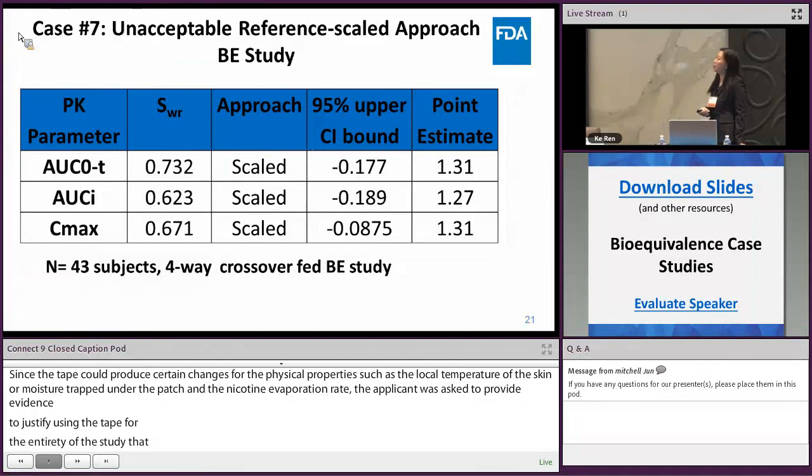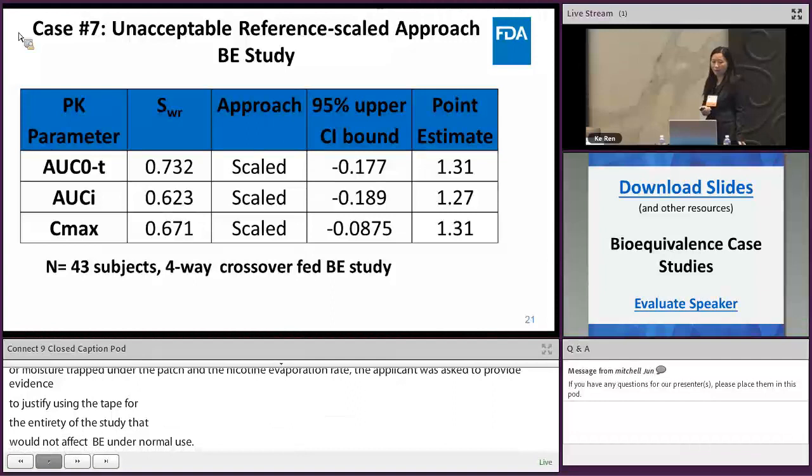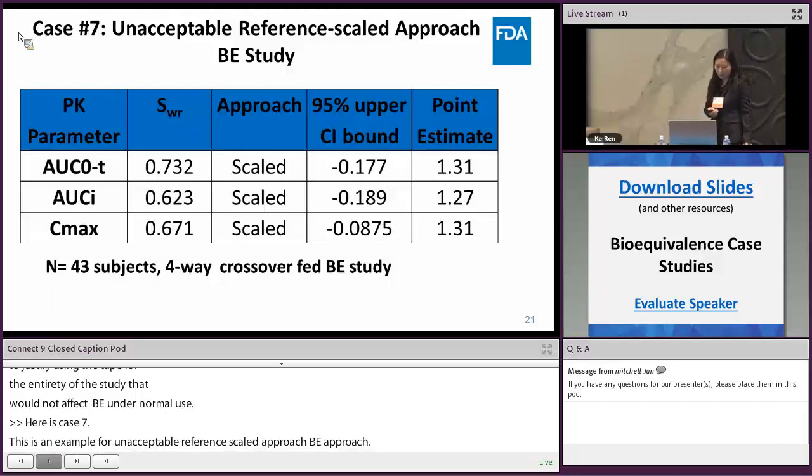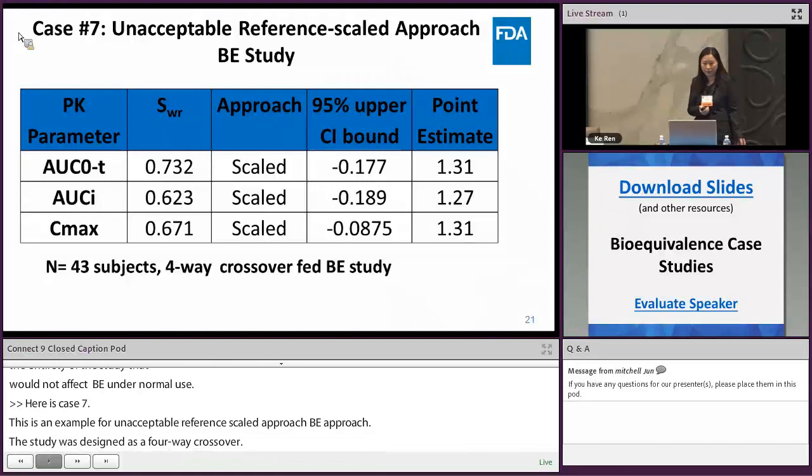Here's case 7. This is an example of an unacceptable reference-scaled BE approach. The study was designed as a 4-way crossover. You can see the within-subject variability for the reference product for all PK parameters is greater than 0.294.